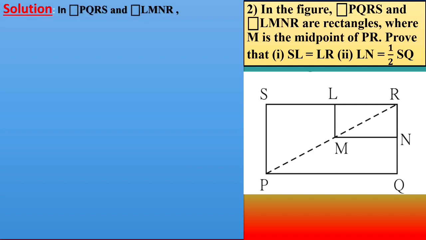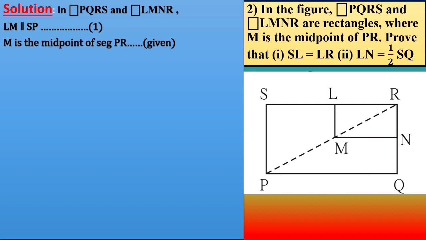First of all, in quadrilateral PQRS and quadrilateral LMNR, LM is parallel to SP, equation number 1. M is the midpoint of segment PR, that is given information.